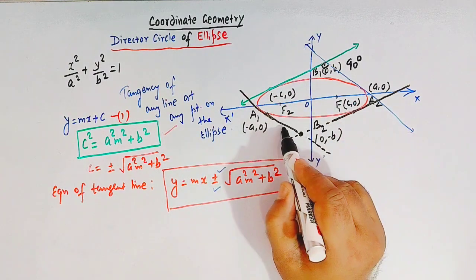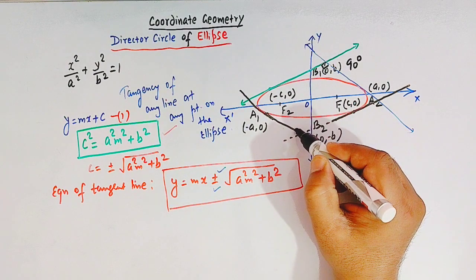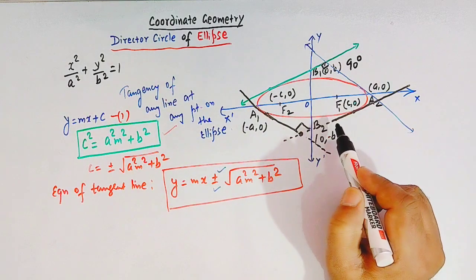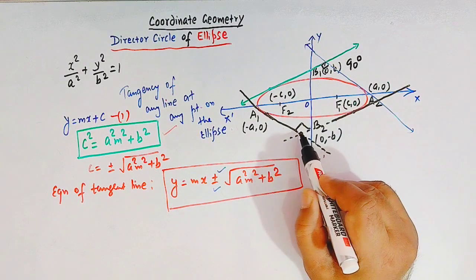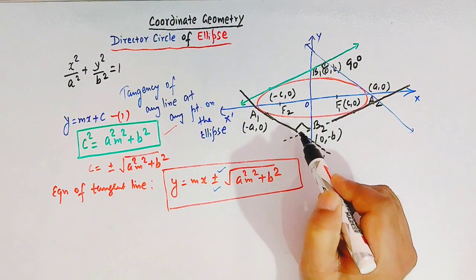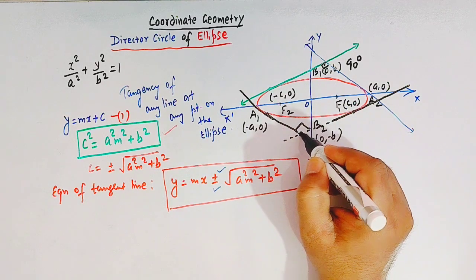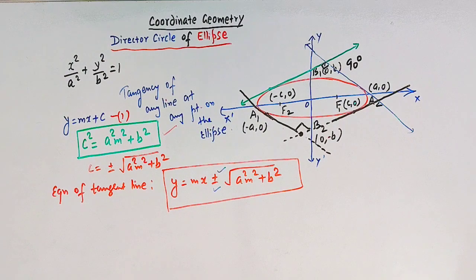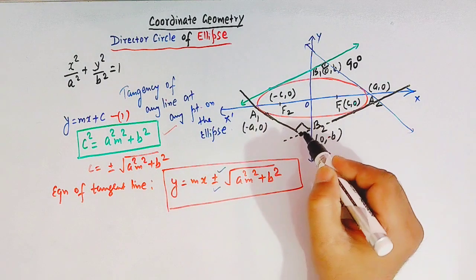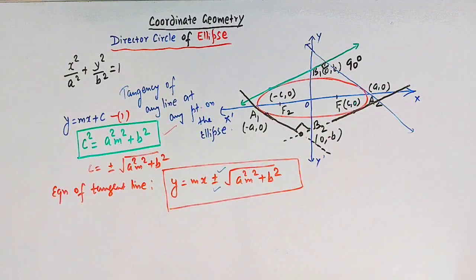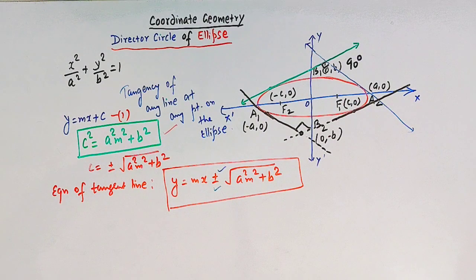Now see, if these two tangents are perpendicular to each other, then we have to take note that if these two tangents intersect at 90 degrees, then this point is part of the director circle of the ellipse, or the locus of this point is the director circle of the ellipse.